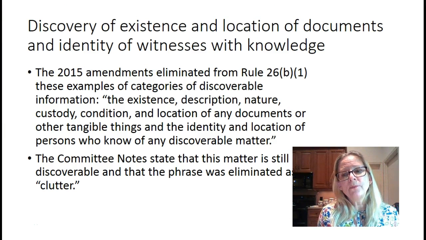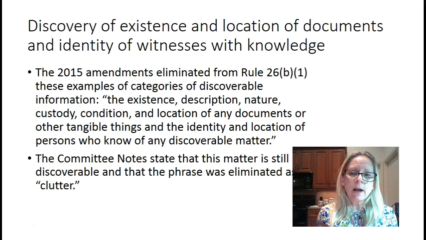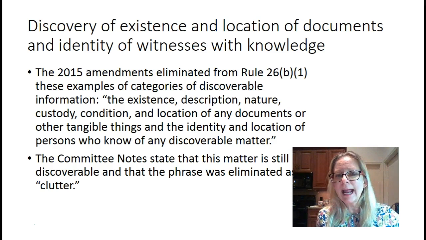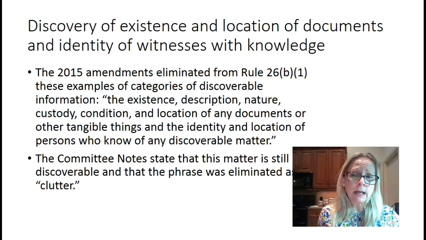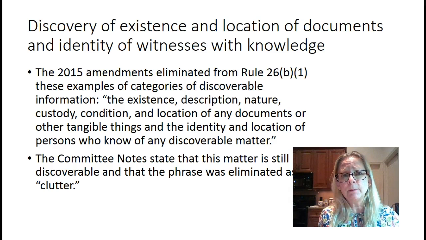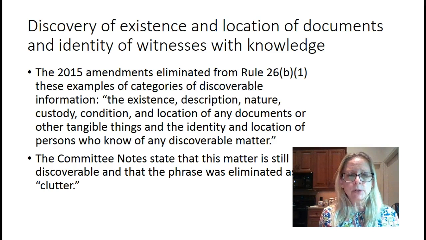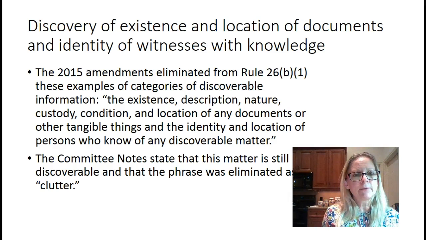Okay, so this idea of discovering the existence and location of documents and the identity of witnesses with knowledge, the reason that this may seem obvious, or it may not, the reason that I'm making a point of it is that the 2015 amendments actually eliminated part of former Rule 26(b)(1), which gave examples of this kind of discoverable information.